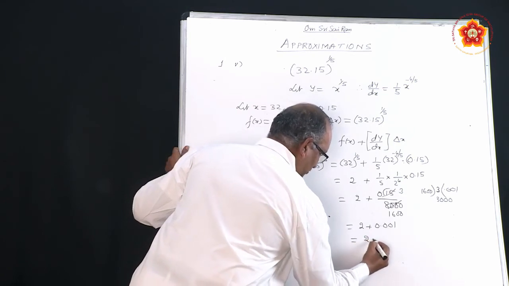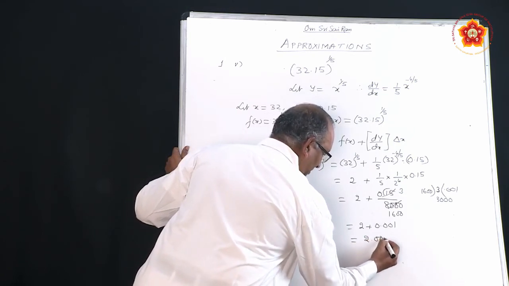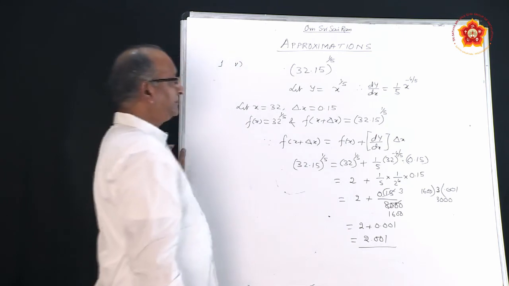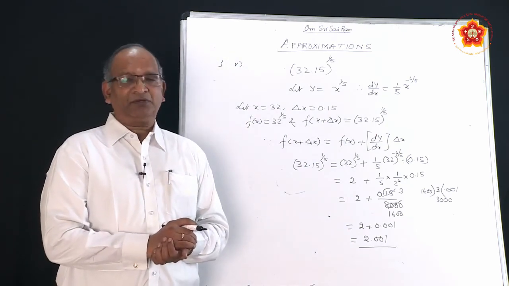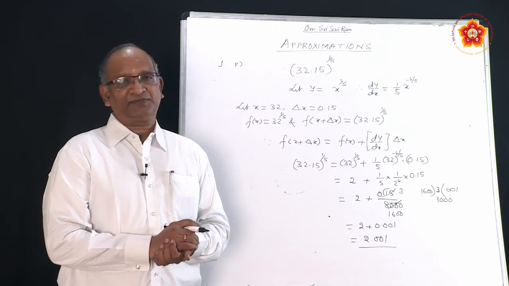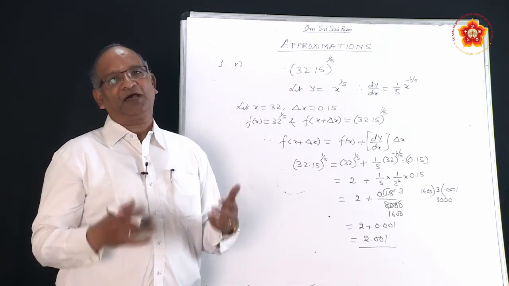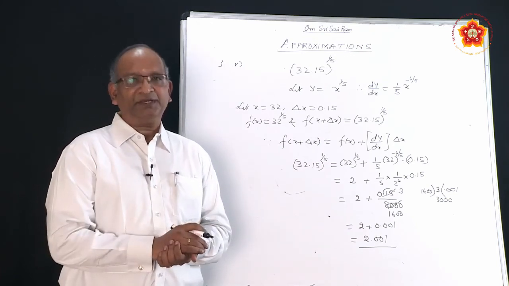So, the answer is 2.001. So, in this manner, we can find out the approximate values of any roots of any numbers by using derivatives.